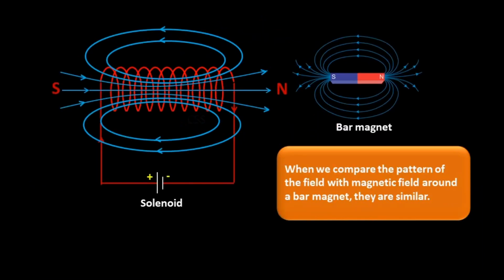When we compare the pattern of the field with a magnetic field around a bar magnet, they are similar. See this? The pattern of magnetic field is the same like a bar magnet. So this is the first similarity, that is, the pattern of magnetic field is similar to the pattern of magnetic field of a bar magnet.